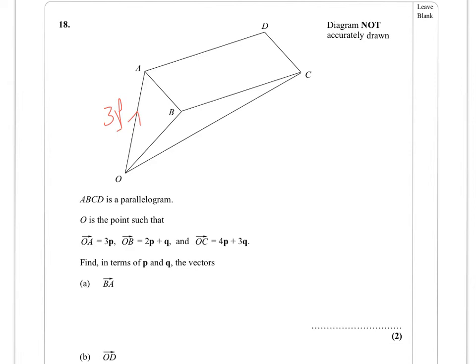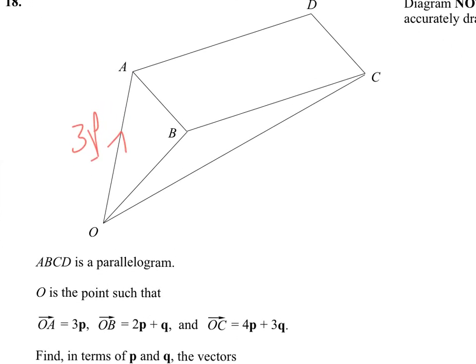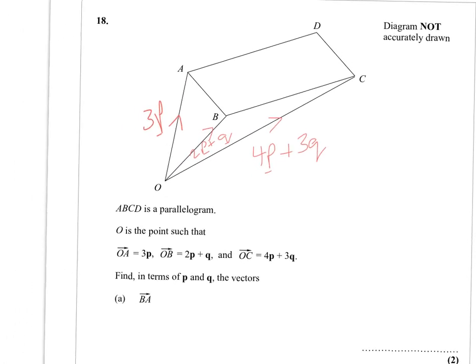OB is, let me just make that a bit bigger, OB is 2p plus q, going in that direction. And OC is 4p plus 3q.